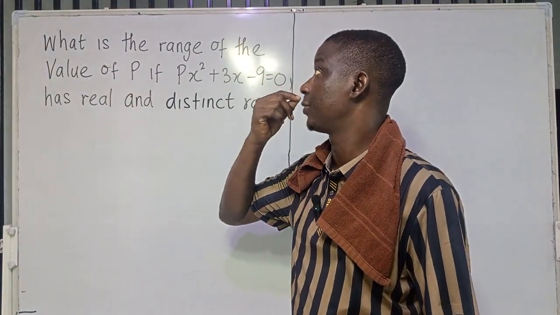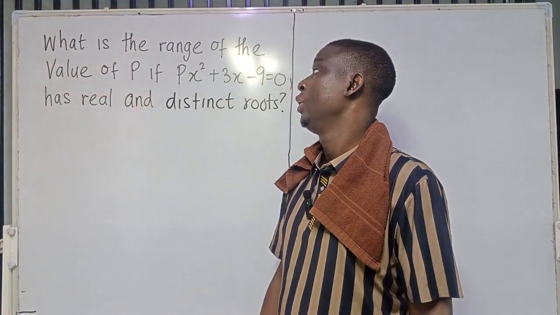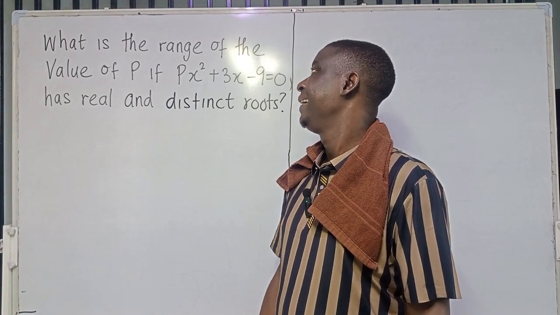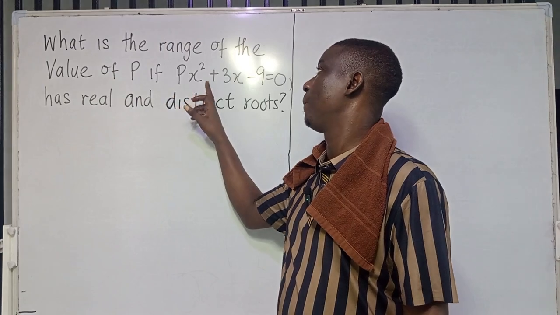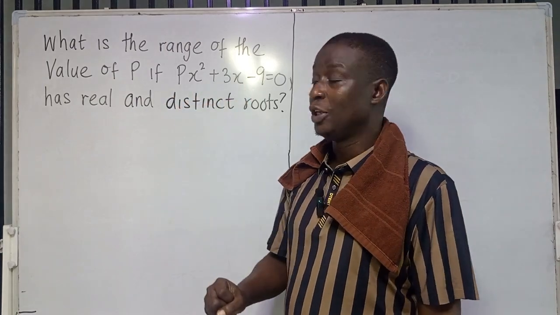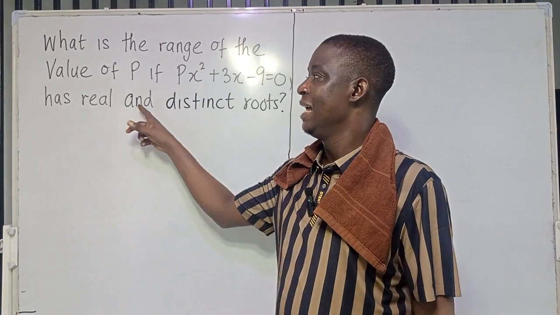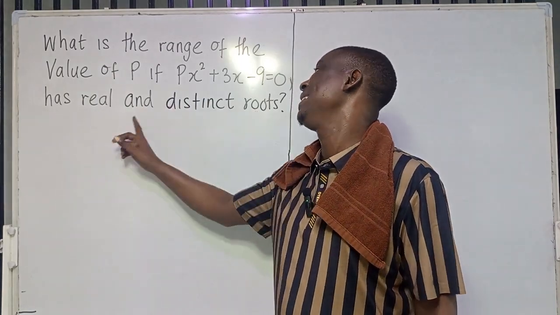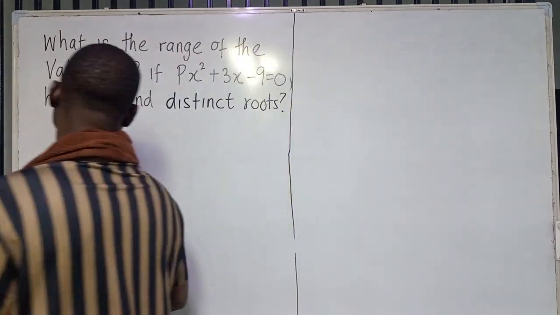We want to solve this next question. It says, what is the range of the value of p if px squared plus 3x minus 9 equals 0 has real and distinct roots? That means real and unique roots.